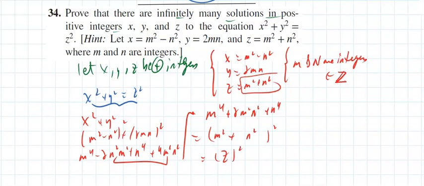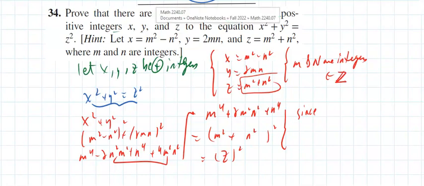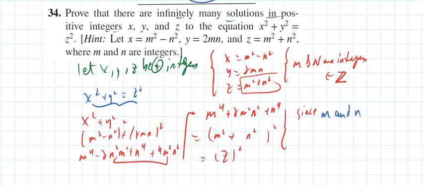Since m and n are arbitrary, we have infinitely many solutions.